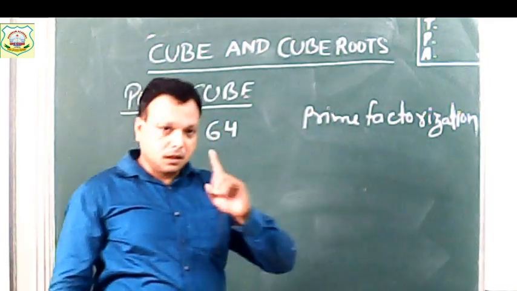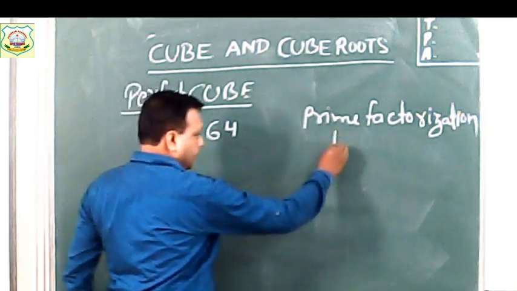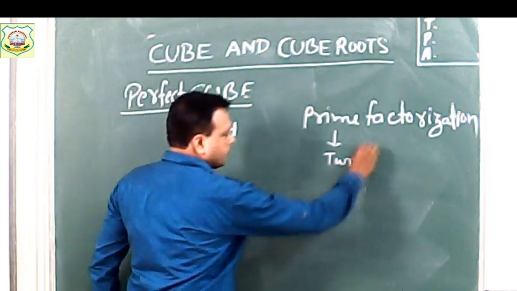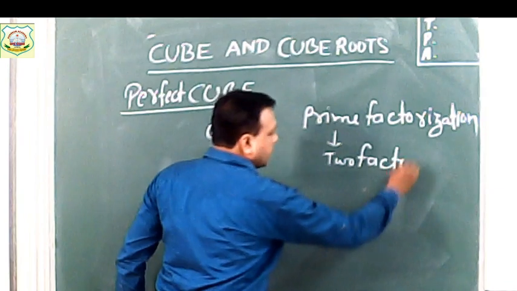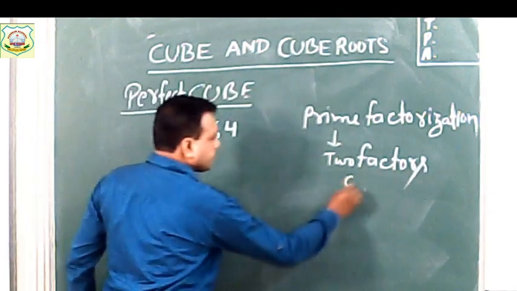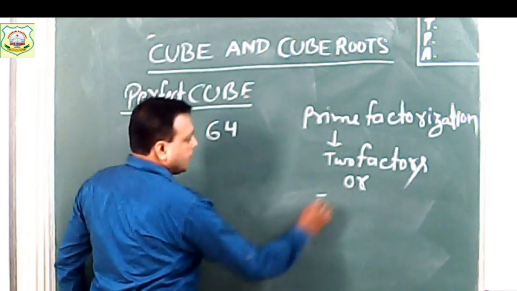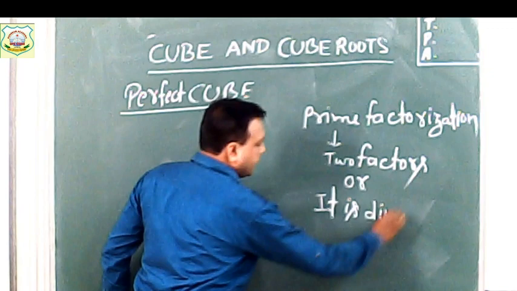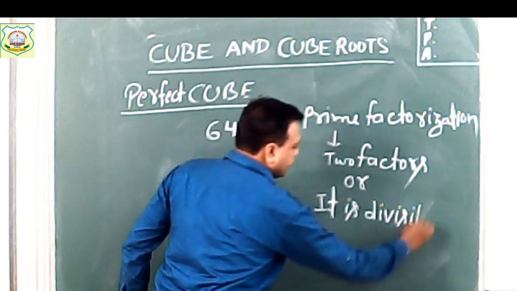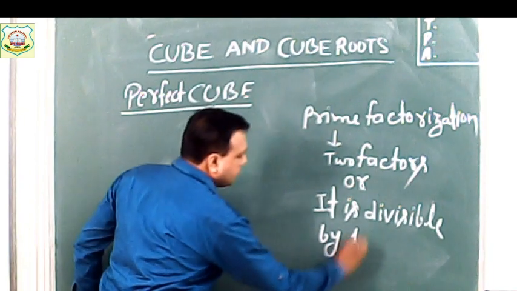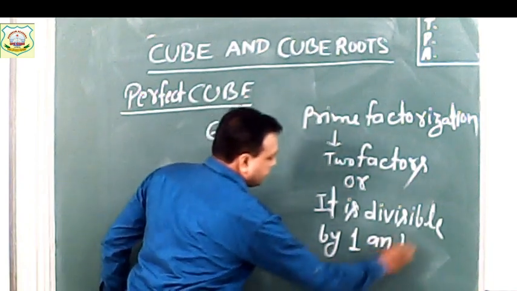Prime numbers are numbers having 2 factors, or divisible by 1 and itself.